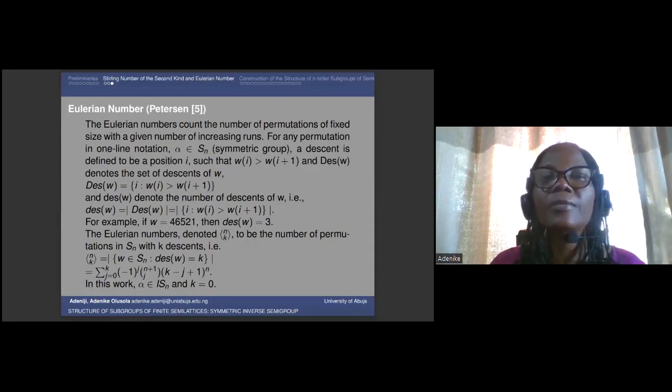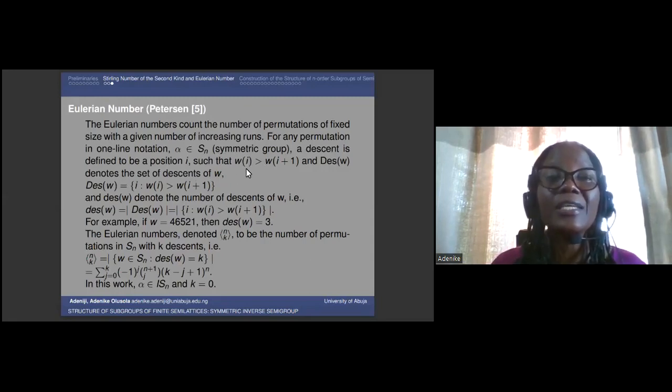And the symmetric group, which is denoted by Sn, we use one-line notation, and here we count the descents. That is, a descent is a position such that W of i is greater than W of i plus 1.